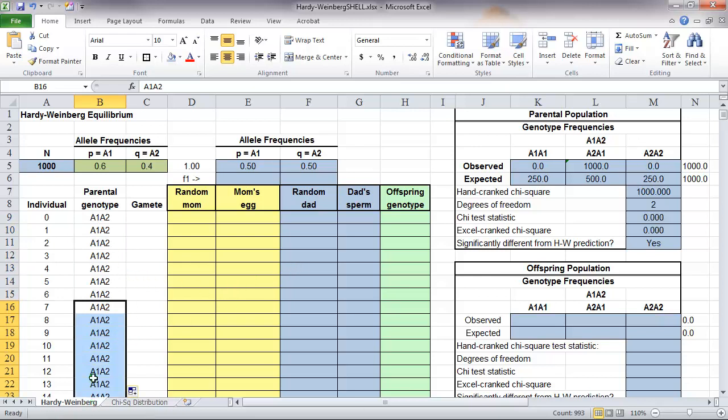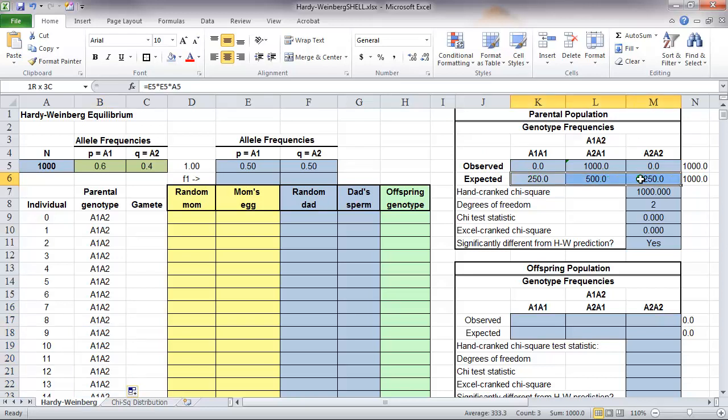If I click that through all individuals, we see that our population now consists of 1,000 individuals, no homozygotes. And if we calculate the allele frequencies for that population, as we'd expect, the frequency of the A1 allele is 0.5 and the frequency of the A2 allele is 0.5.